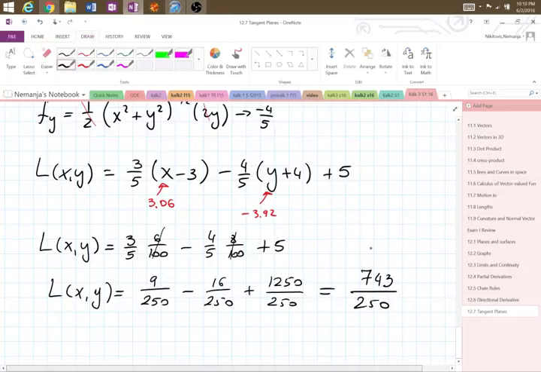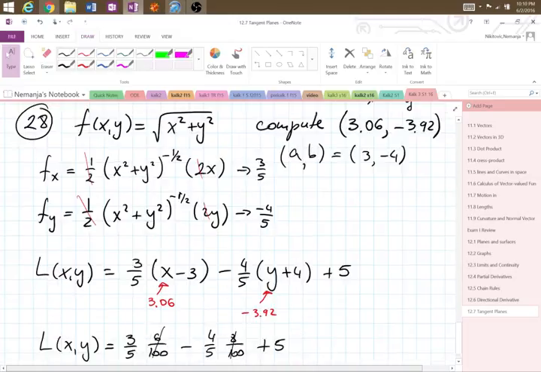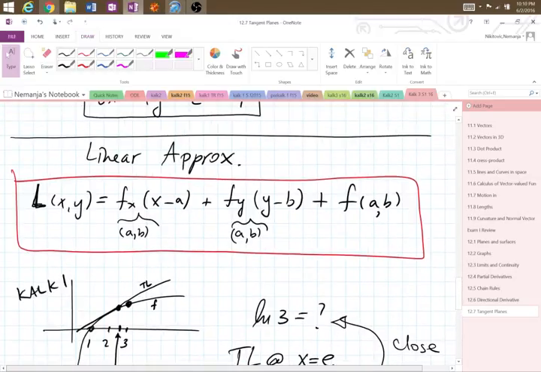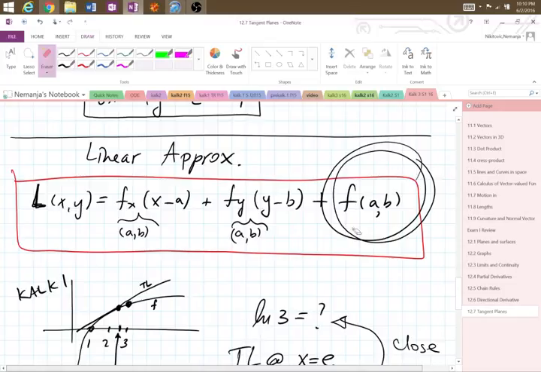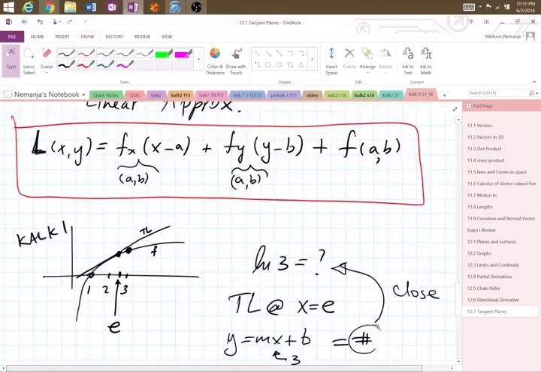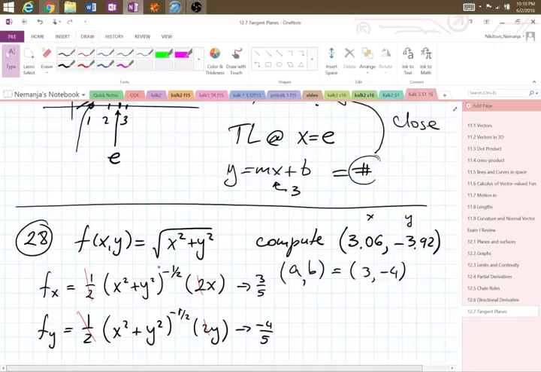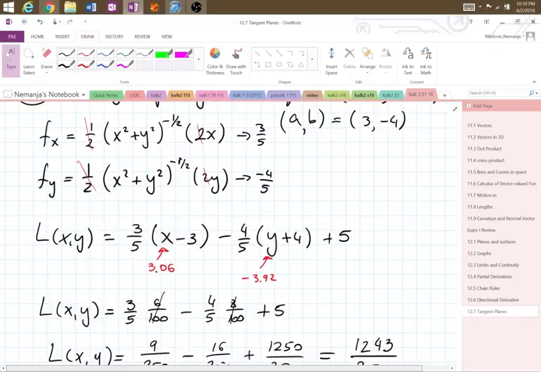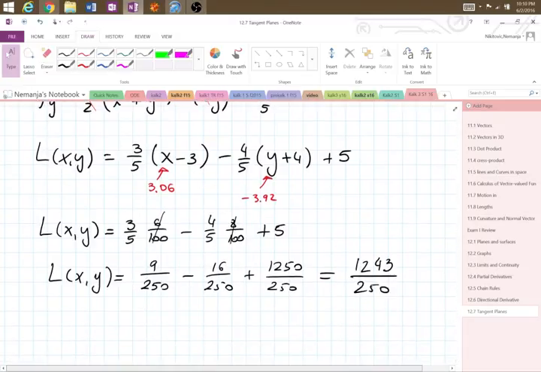So the answer over here, 1250 minus 16 plus 9, is 1243 over 250. The 5 comes from computing the function. So when I plug in 3 and -4, squared, that's 9 plus 16, 25, and the square root of 25 is 5.